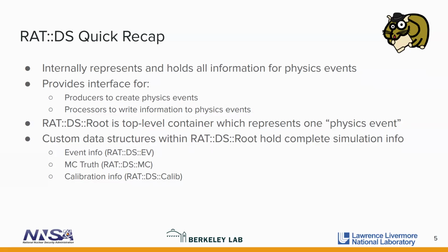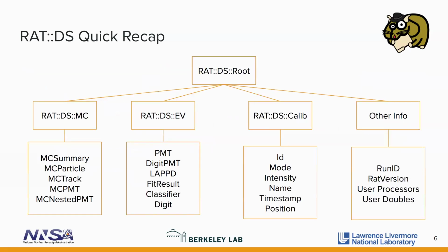The MC, the Monte Carlo truth, is only one per root event, and it contains the true simulated information. And then you also have calibration info as well. This was just my little diagram showing the structure of the things contained in the top level container, and the things contained in each of the MC, EV and cal containers as well.